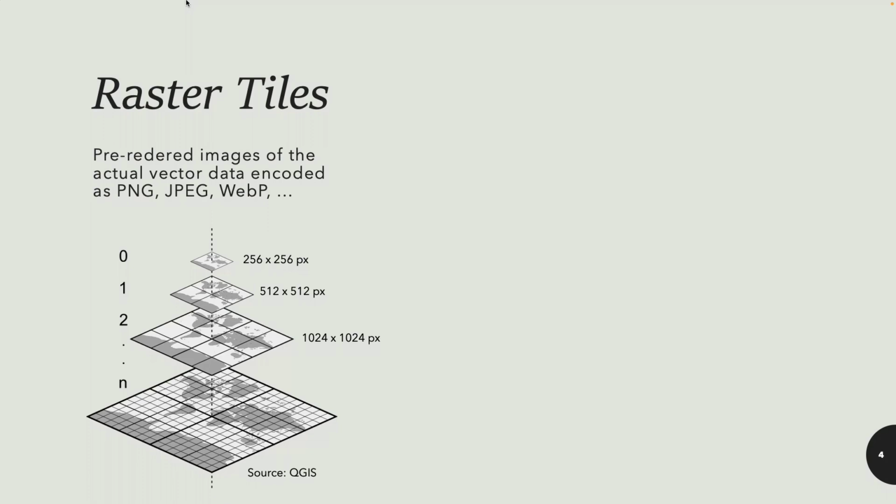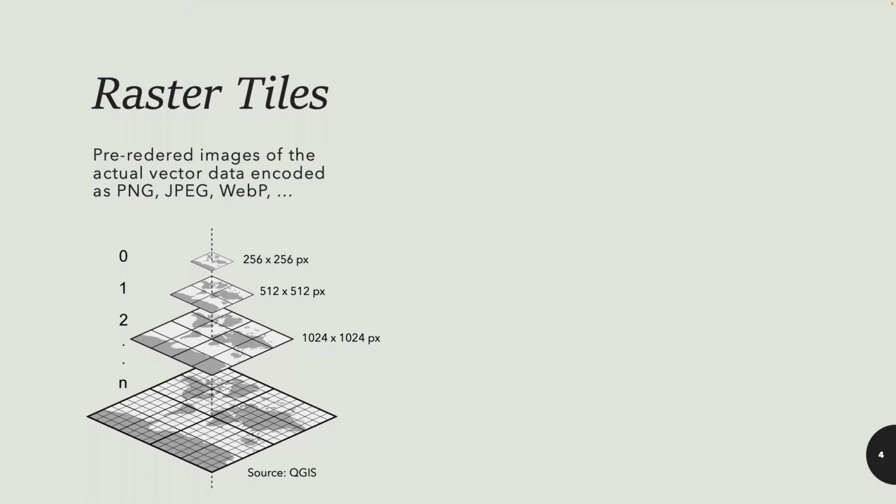These images are encoded as PNG, JPEG, or a newer format like WebP, for example. And in general with map tiles, the full planet or the full data set is divided into different zoom levels. And every zoom level is then divided into different small pieces called tiles.